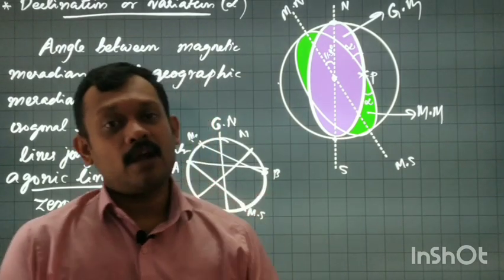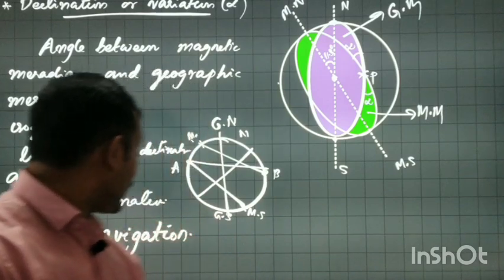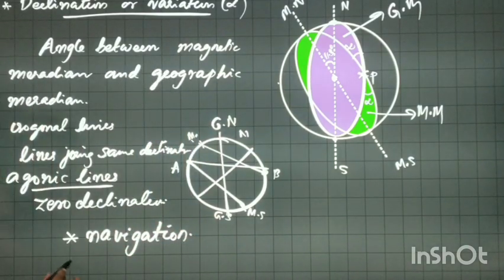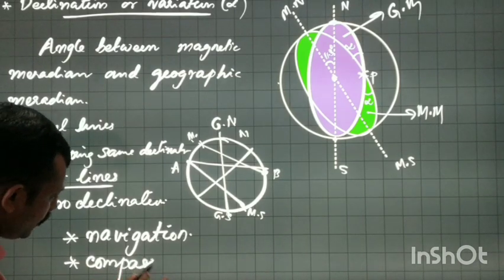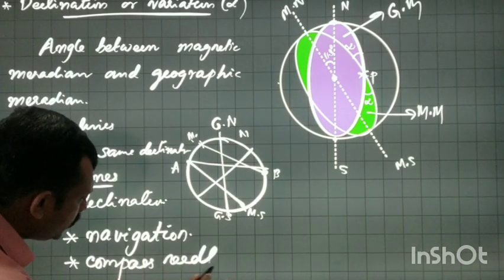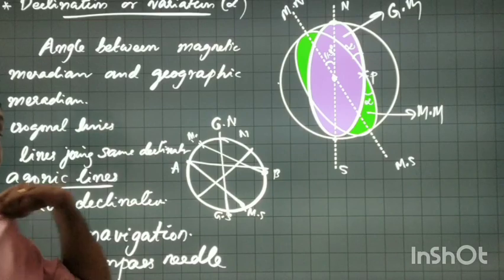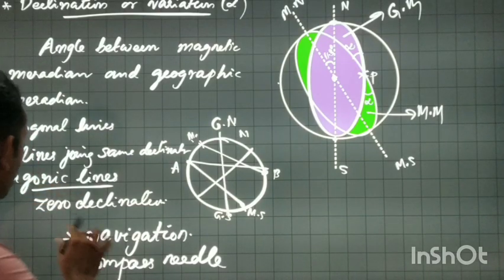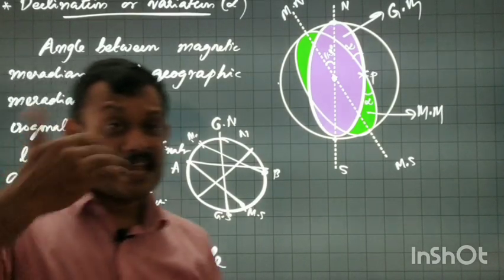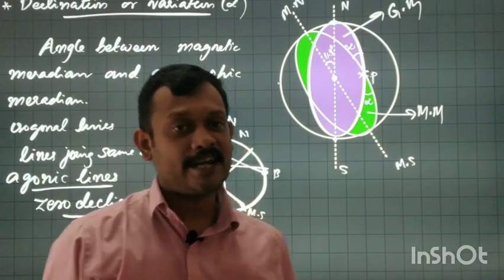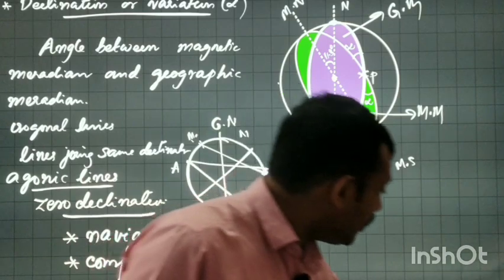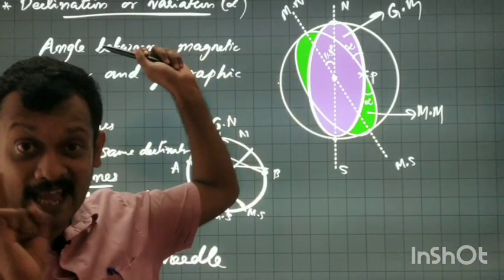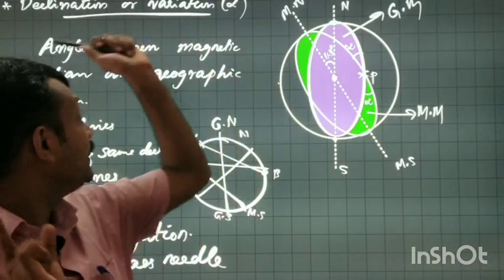So what I'm coming to say is that the declination at a place can be determined by means of a compass needle. Now this is what you have to understand, and the importance of the idea of declination comes in navigation purpose. So this is the first element of Earth's magnetic field, declination.